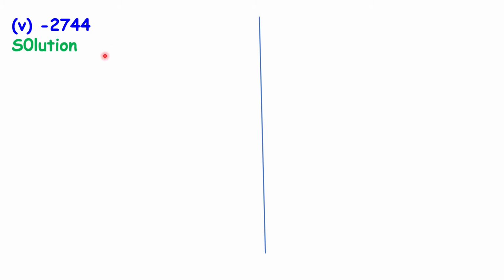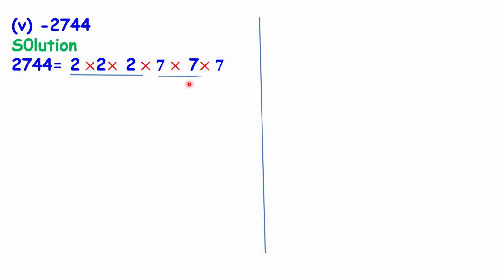So the factors of 2744 are 2 into 2 into 2 into 7 into 7 into 7. If we write these factors in index form, 2 into 2 into 2 is nothing but 2 cube, and 7 into 7 into 7 is nothing but 7 cube, so it is equal to 2 cube into 7 cube.